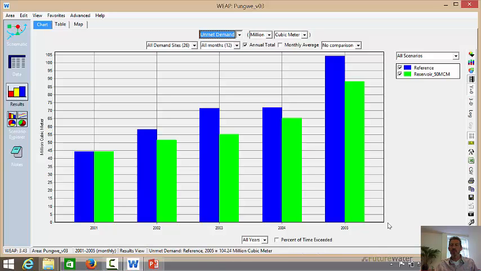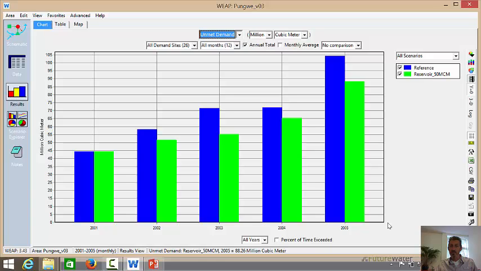Remember, here was the unmet demand in blue, what we just saw two minutes ago, for the current situation without reservoir. And if you are building your reservoir, your unmet demand, your water shortage, is somewhat smaller. But apparently the impact of this particular reservoir is not very big.